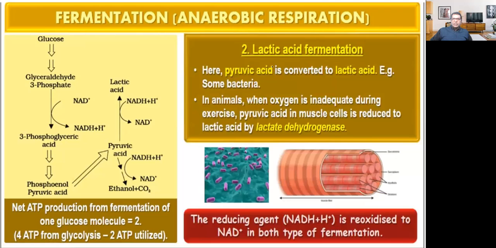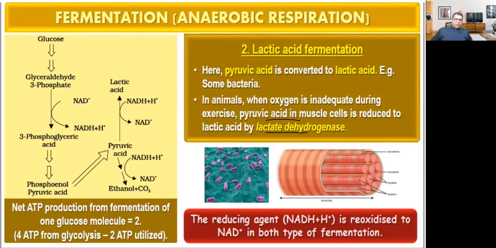Lactic acid fermentation. Now what is lactic acid fermentation? Here, pyruvic acid is converted to lactic acid in some bacteria. In animals, when oxygen is inadequate during exercise, pyruvic acid in muscle cells is reduced to lactic acid by lactate dehydrogenase.